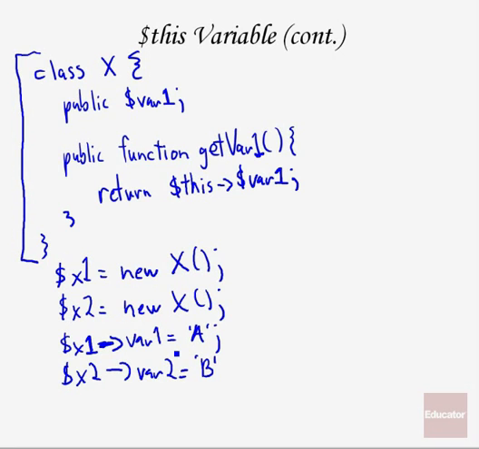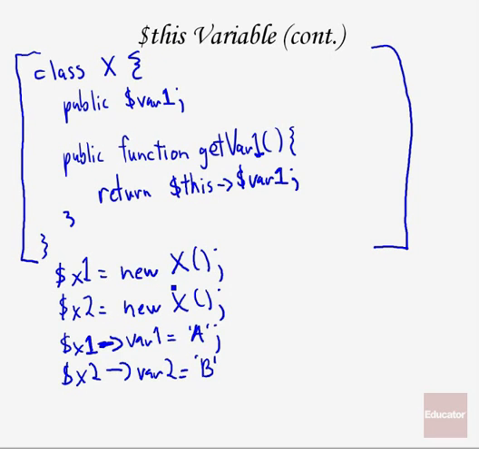Each instance of a class, and this is an important concept, which is why I'm harping on it a little bit, is that every time you create a new instance of a class, you're basically creating a whole copy of this class in a new way for that particular variable.